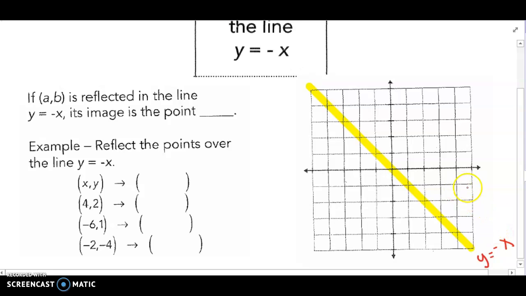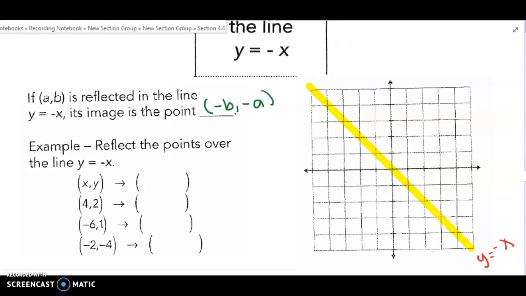Now, the rule for y equals negative x is if (a, b) is reflected in the line y equals negative x, the image is the point (negative b, negative a). So not only now are we flipping places, we're flipping places and adding a negative sign in front of them. Remember, if a number's already negative, it would just make it positive, and if a number is positive, it would become negative.